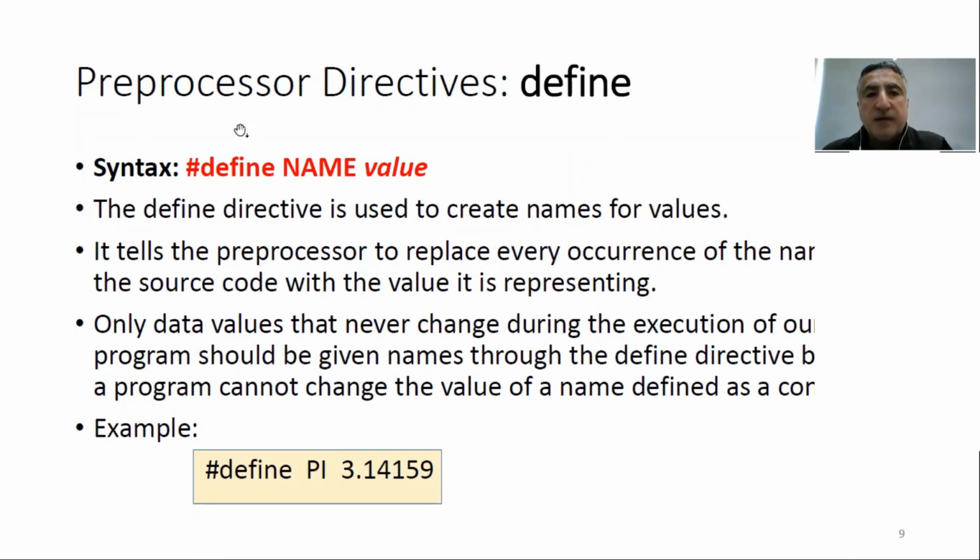Here is another directive, the define. After hash, if you put the define, it means that to the compiler, you are gonna create a constant. I will teach constants 2 weeks later. Okay. Here you see an example. Hash define pi 3.14159. What it means?